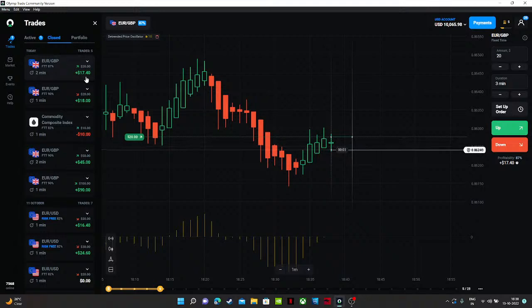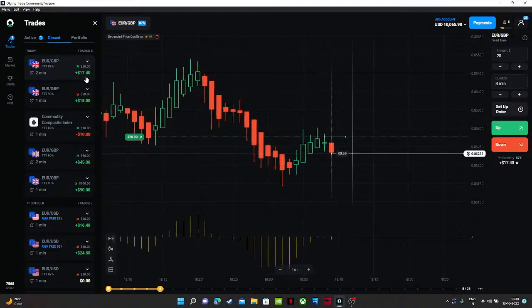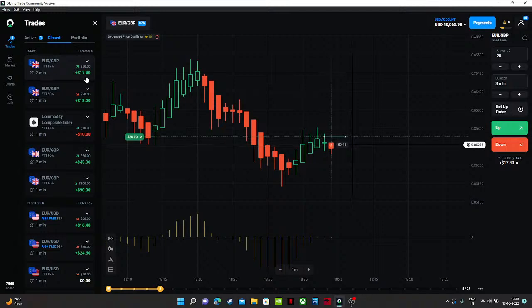RBI guidelines are mentioning something else, and you can continue to trade on the various trading modes which are available on the platform. You can trade on fixed time trading, stock price trading. So please do not worry. Feel free to trade. There is no law according to the jurisdiction of India which doesn't allow you to trade on the platform.